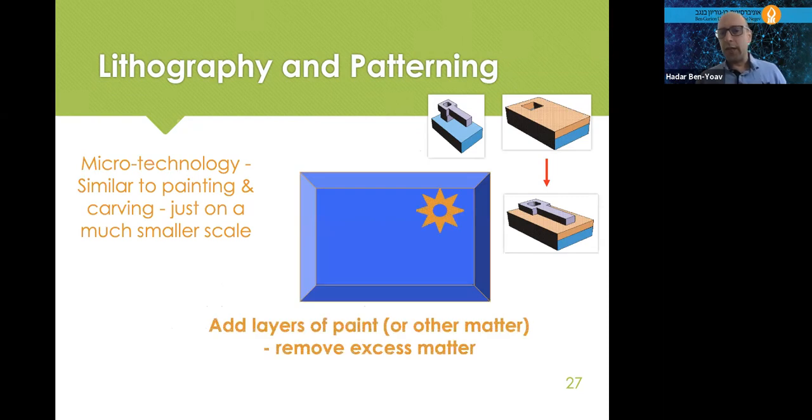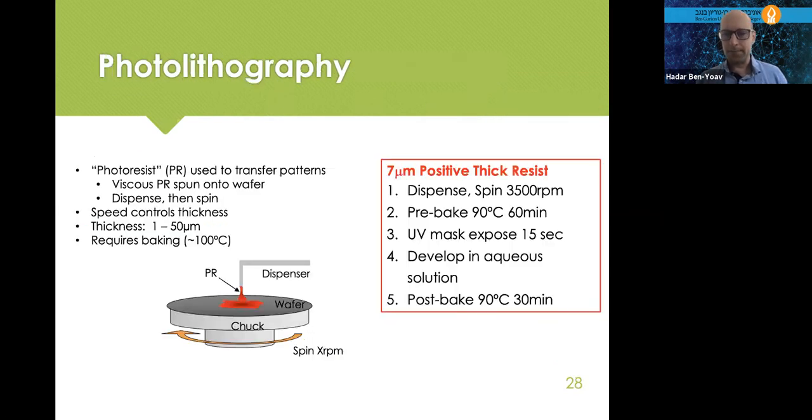It's like shining light with different structures. So you just transform the structure onto this kind of photosensitive material. Now, this kind of process is called photolithography. Lithography is carving by using light. And this kind of material that is responsive to the light is called photoresist.